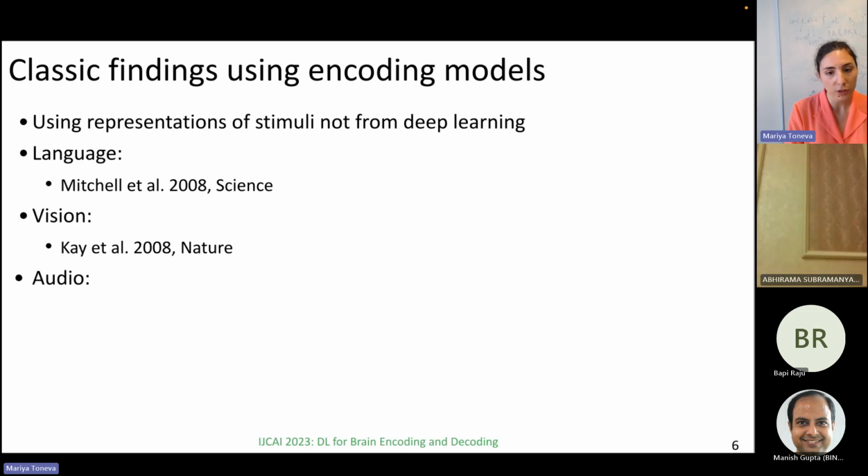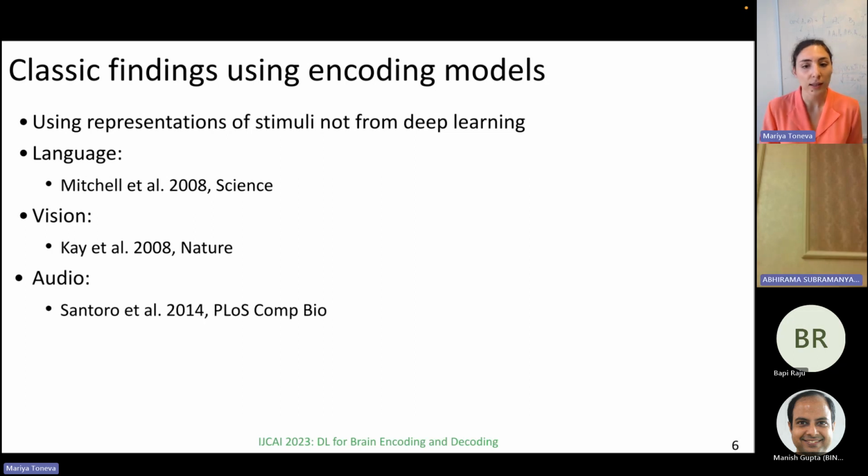And then a few years later, there was another work published by Santoro and colleagues in PLOS Computational Biology, which used similar methods for the auditory domain. We'll touch on one of these studies in each of those 3 key domains that use interpretable representations of stimuli and learn something about the brain, or confirm a hypothesis about the brain, using these encoding models.